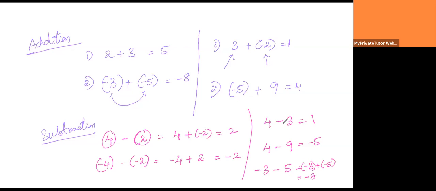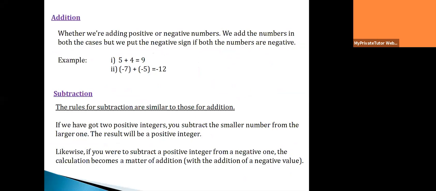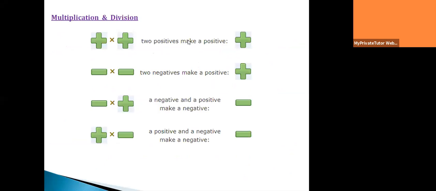Okay, the next thing, multiplication and division. For multiplication and division, we have basic rules of signs. If we are multiplying or dividing two positive numbers, the answer is positive. Let me write those rules. You can see that, I hope.